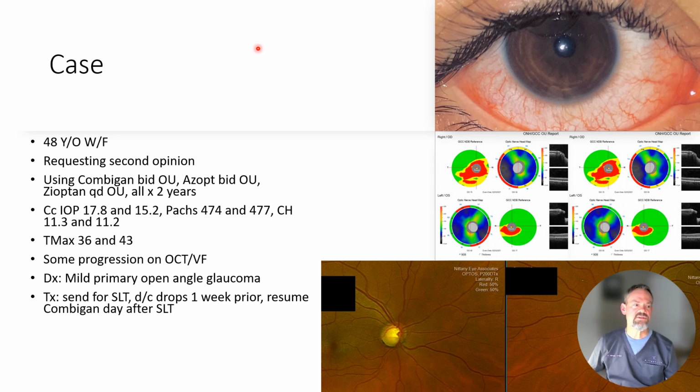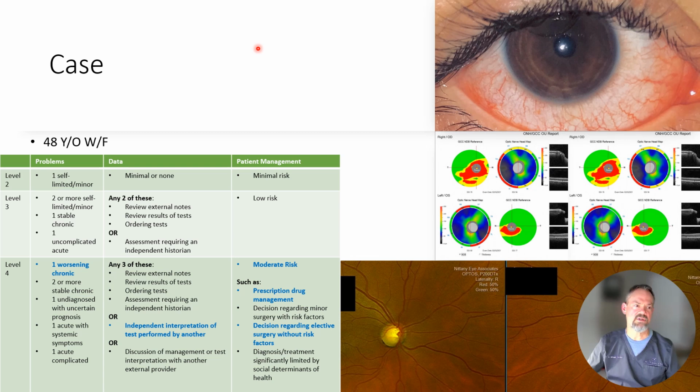So our diagnosis is mild primary open-angle glaucoma. We're going to send her for an SLT by a different provider. We are going to discontinue the drops 1 week prior. We're going to resume Combigan the day after SLT. So how should we code this particular patient?